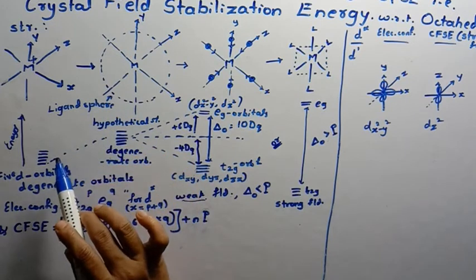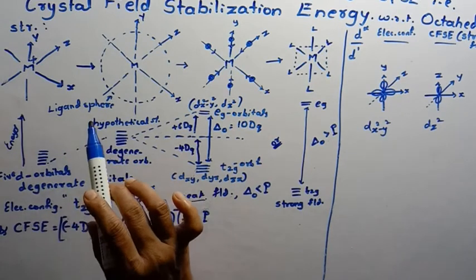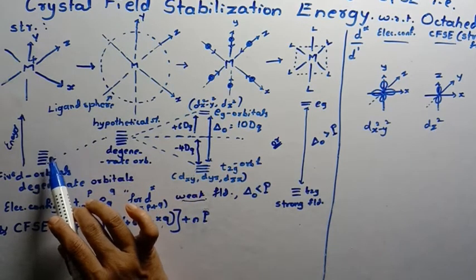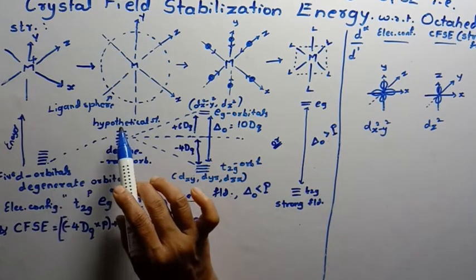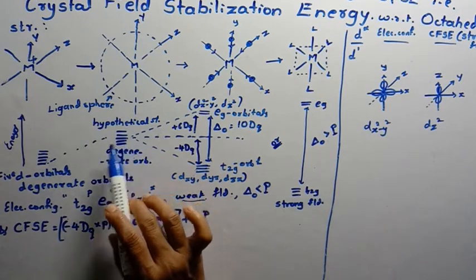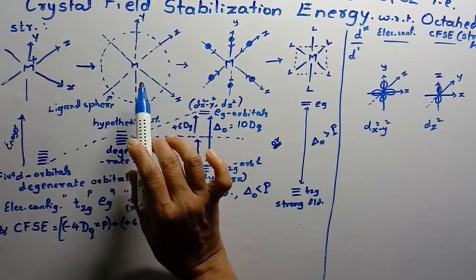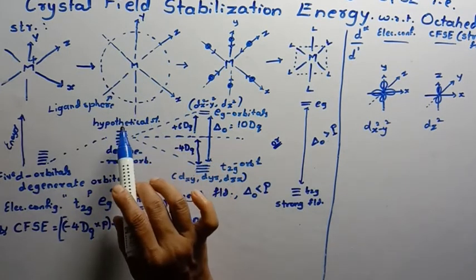Hence, they experience the same extent of repulsion with the ligand sphere. As a result, the energy of all the 5d orbitals is raised by an equal amount. So the energy of the 5d orbitals is raised at this stage, and still they remain degenerate, and this is only a hypothetical state.